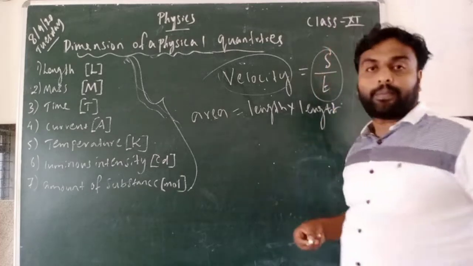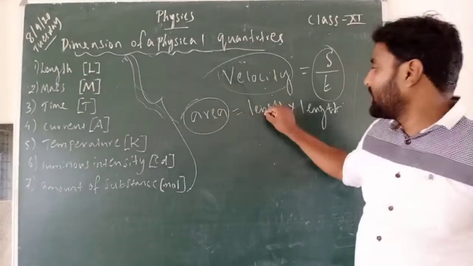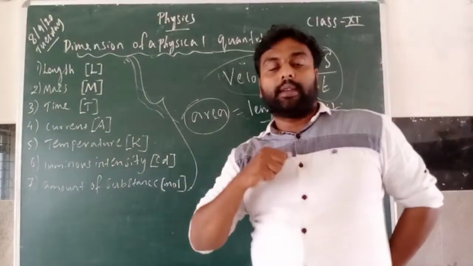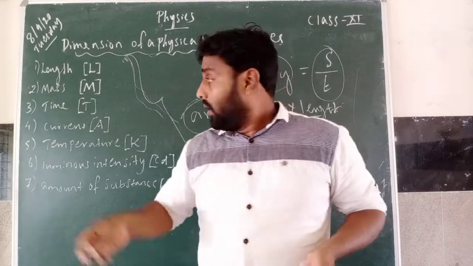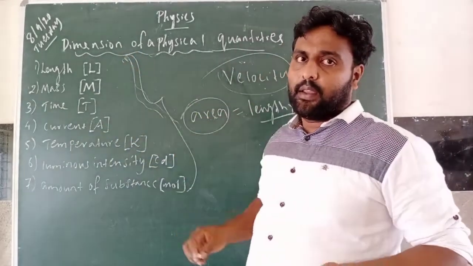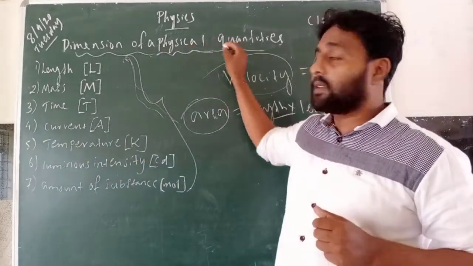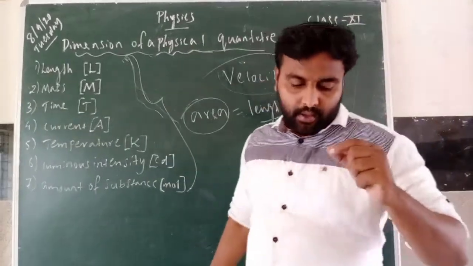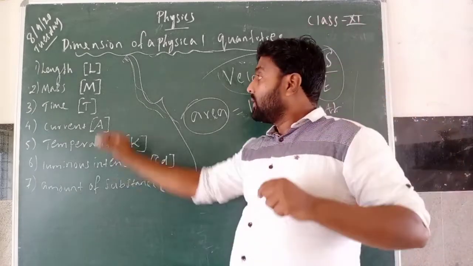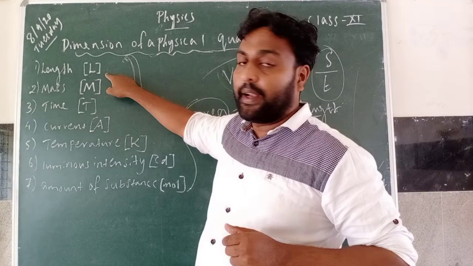So all these 7 basic quantities, when we are using the dimension of a physical quantity, we use square brackets to represent our quantities.